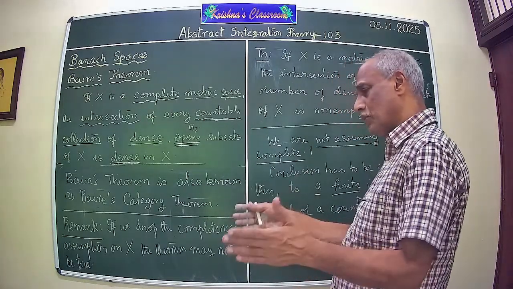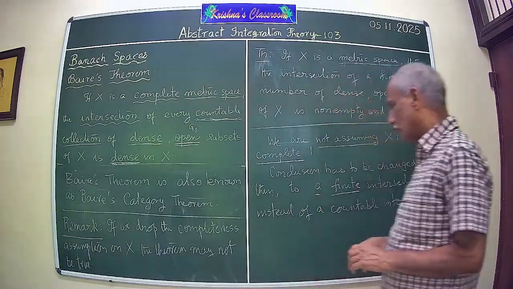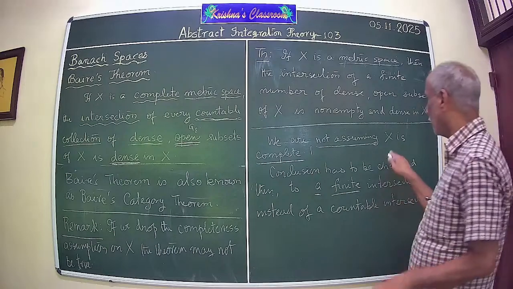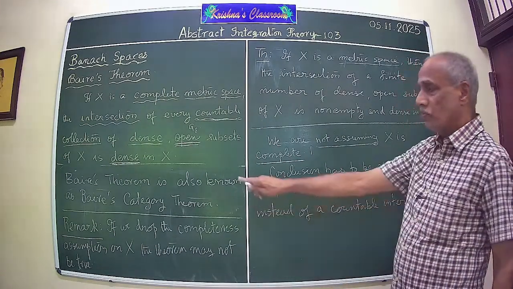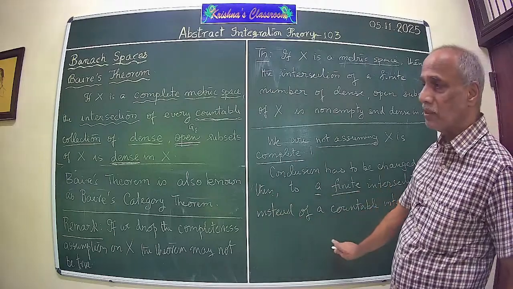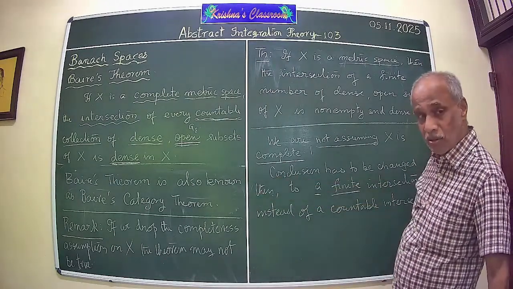Whereas you cannot use completeness to get a limit in that case. Therefore, the moment you drop completeness of X, we cannot assure that the sequence that you construct can go till the end.